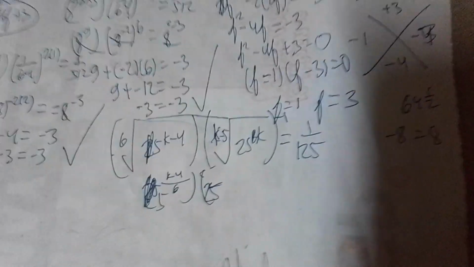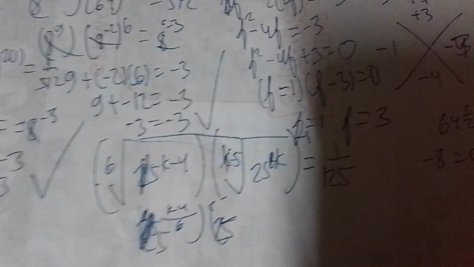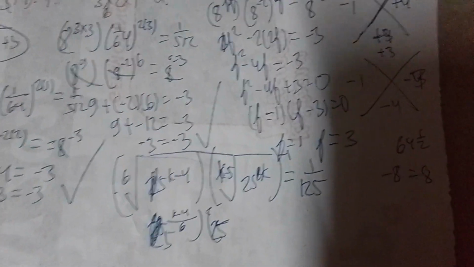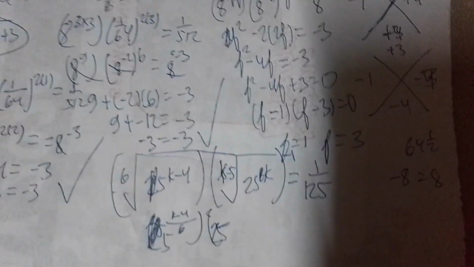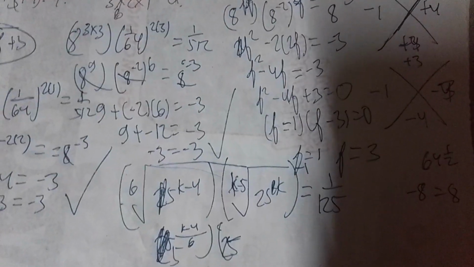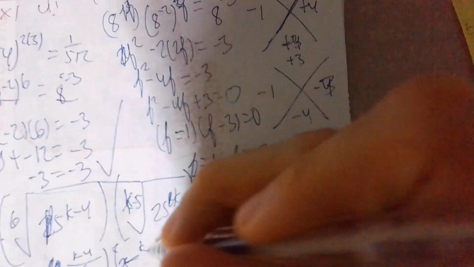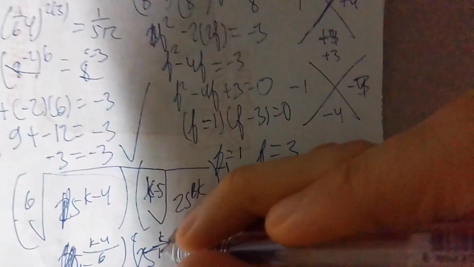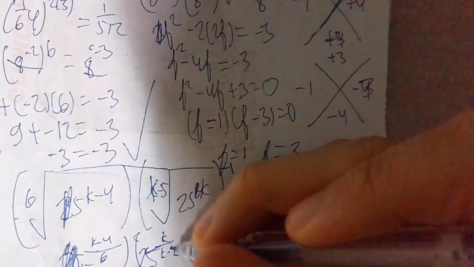Remember, it's a fractional exponent, so it should be k over k minus 5. Very good. The exponent goes first, this is the numerator, and then the denominator is the root: k minus 5.